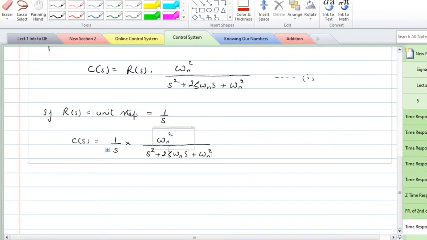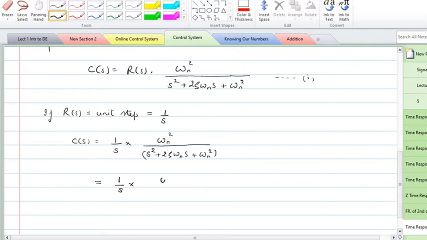Now completing the square for this square term, we can write it as 1 by s multiplied by omega n square divided by (s plus zeta omega n) square plus omega n square under root of 1 minus zeta square.